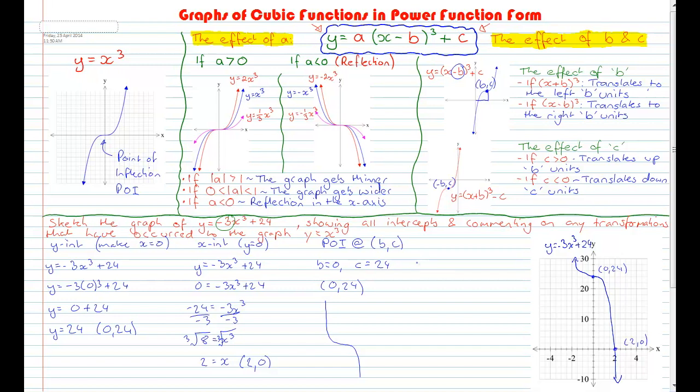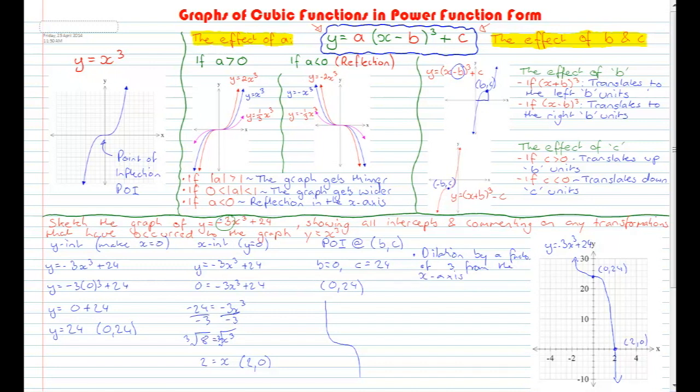So the negative 3, the A value, means that we have a dilation by a factor of 3 from the x-axis.